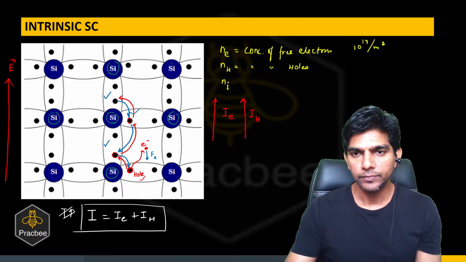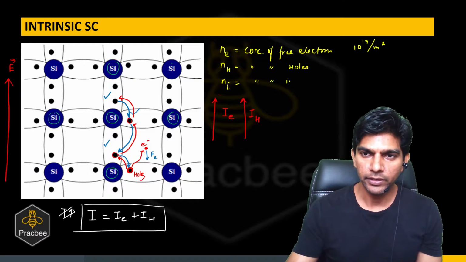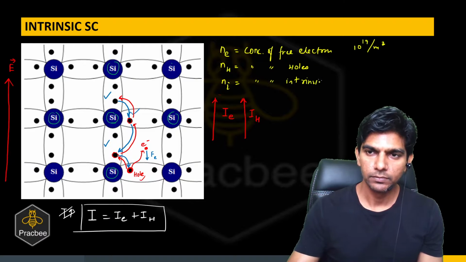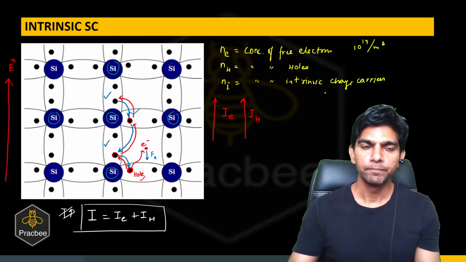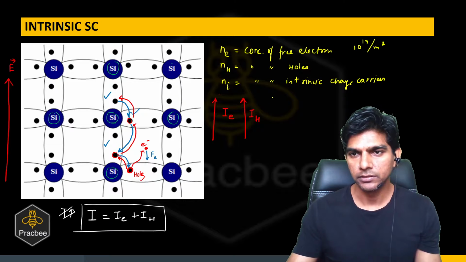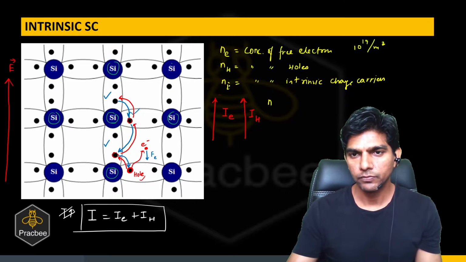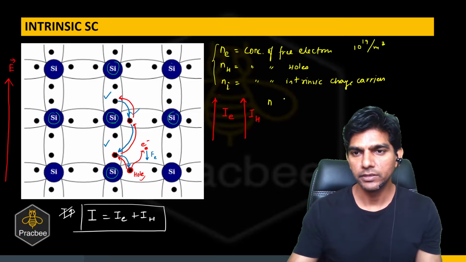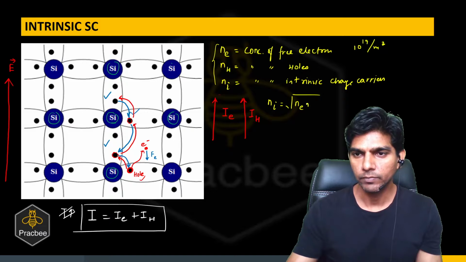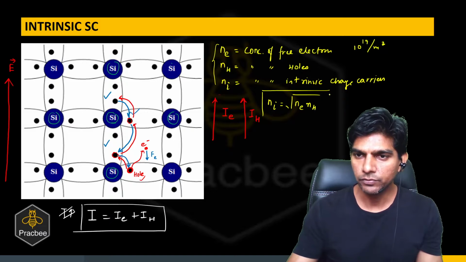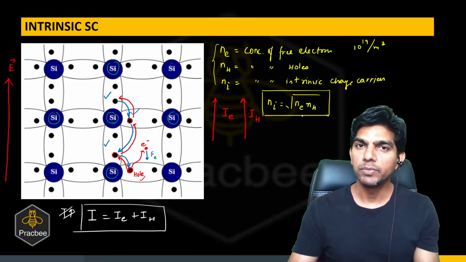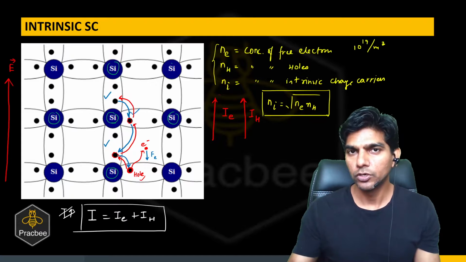And Ni is the concentration of intrinsic charge carriers. So in semiconductors, there is a relation between these three physical quantities. Ni is nothing but the square root of Ne times Nh. So this relation we have to remember, and it is applicable whether we have a pure semiconductor or a doped semiconductor.